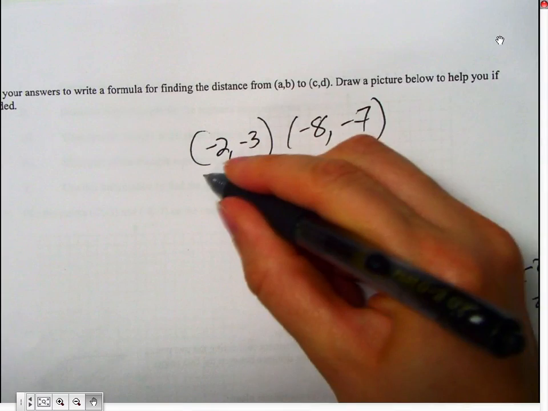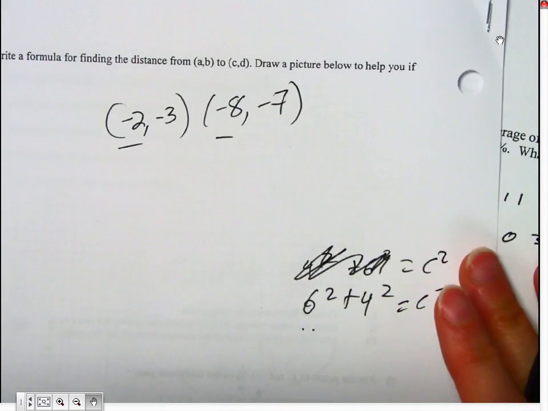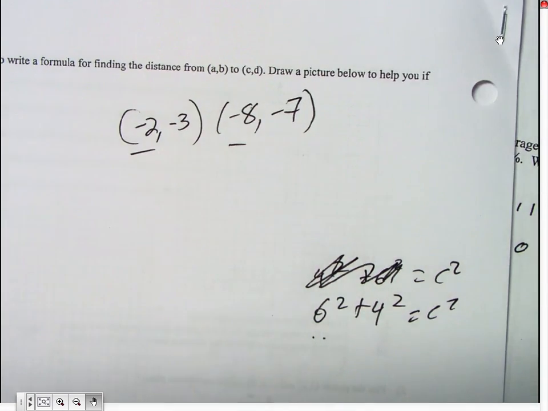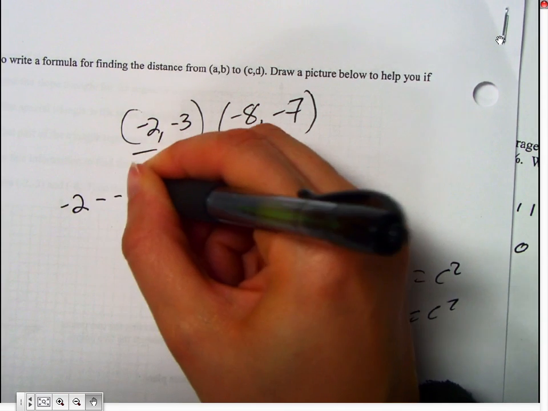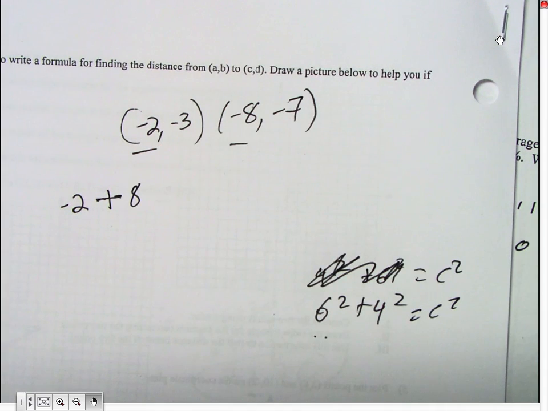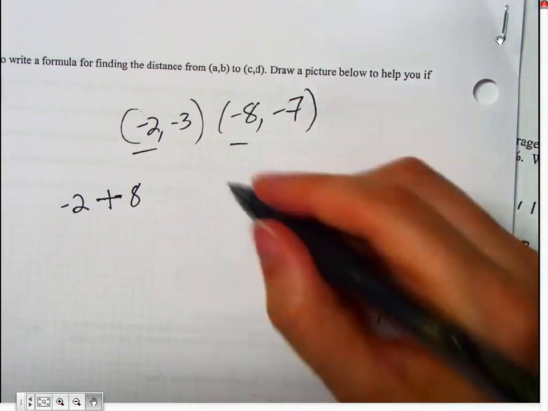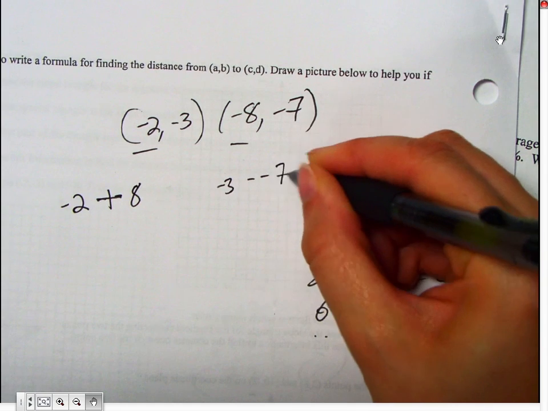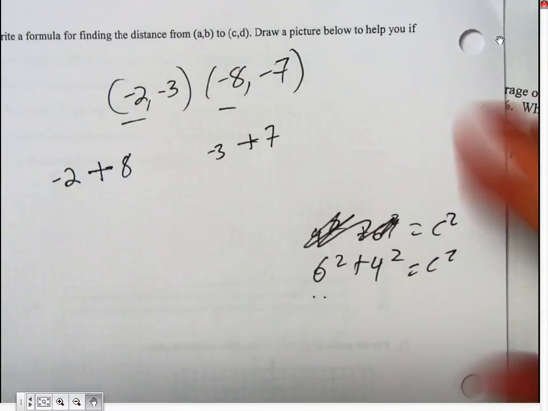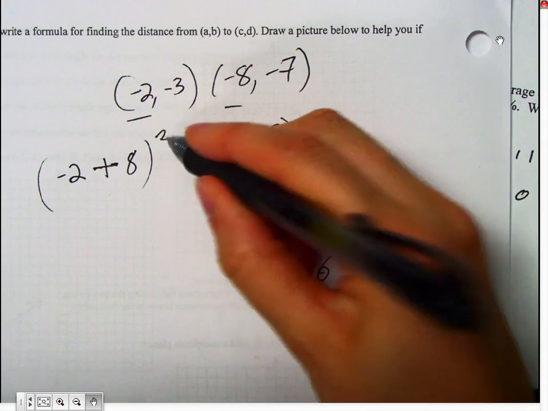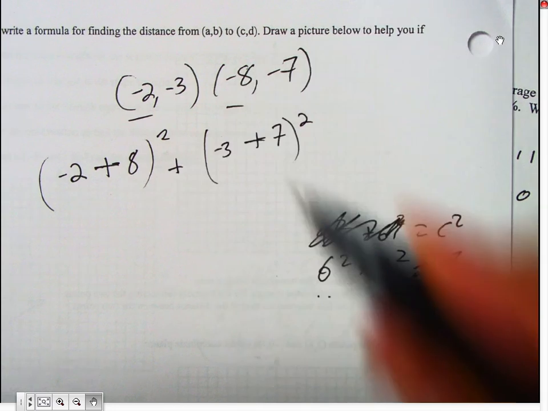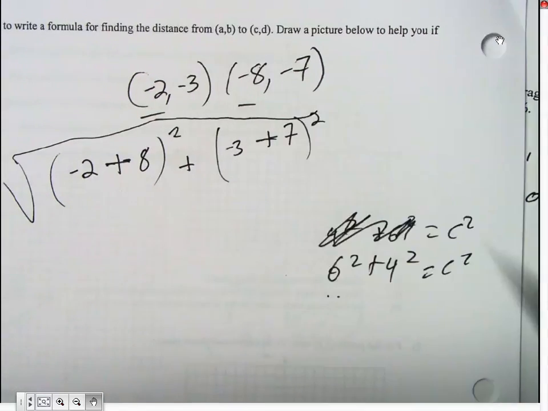So how from these did we get 6? -2 and -8, what would you have to do to them to get +6? -2 minus a -8 makes this plus, right? And the same thing for the next one. -3 minus a -7 makes this plus. And then we did what to them? We squared them, and we added them together. And then we took the square root, right?